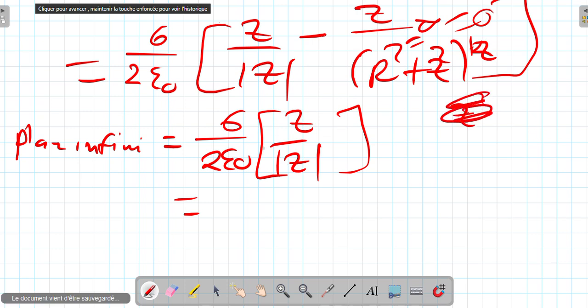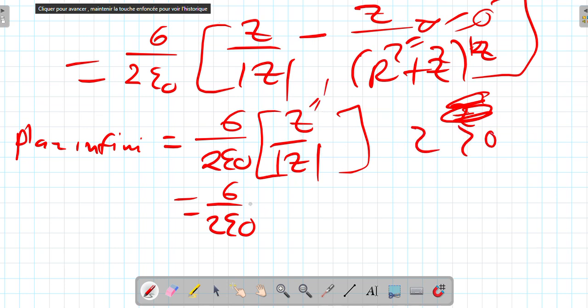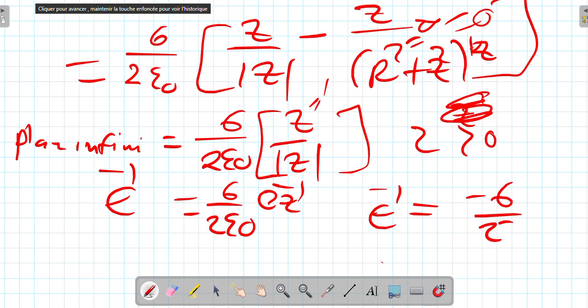So sigma over 2 epsilon 0. This will be 1 if z is positive. Then you just put it in the direction of z, because you know that E is always in the direction of z. If it's negative, just put the opposite direction, and this is what we found in the first session, if you remember, using Gauss's theorem.